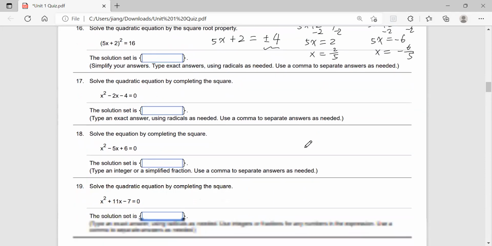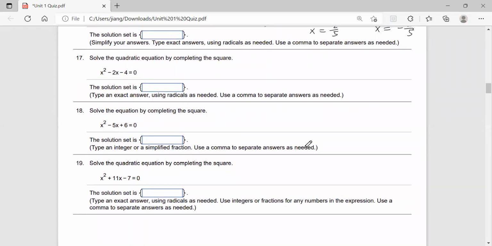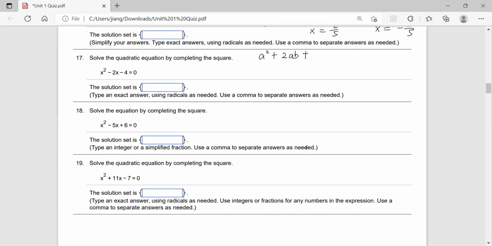Okay, next one. Solve the quadratic equation by completing the square. When we learn completing the square, we must know the perfect square formulas: a squared plus 2ab plus b squared equals (a plus b) squared.